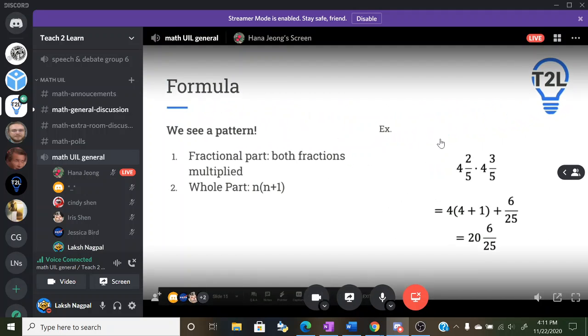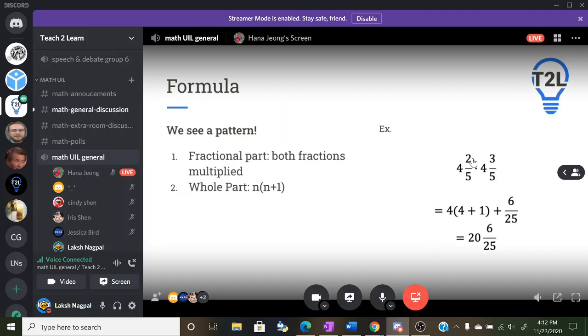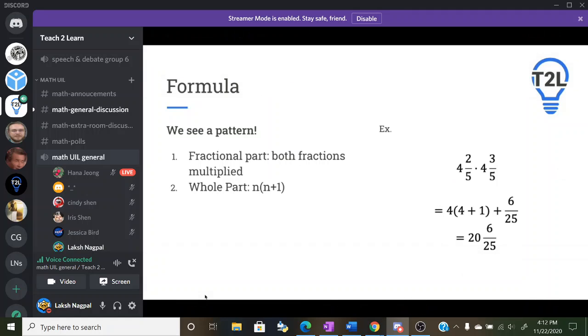And so there's a pattern to this one. Whenever you see two mixed numbers that have the fractions add up to 1, you can basically just rewrite it in this format right here. So you would have the whole number 4 times the whole number plus 1, or 4 of 4 plus 1.